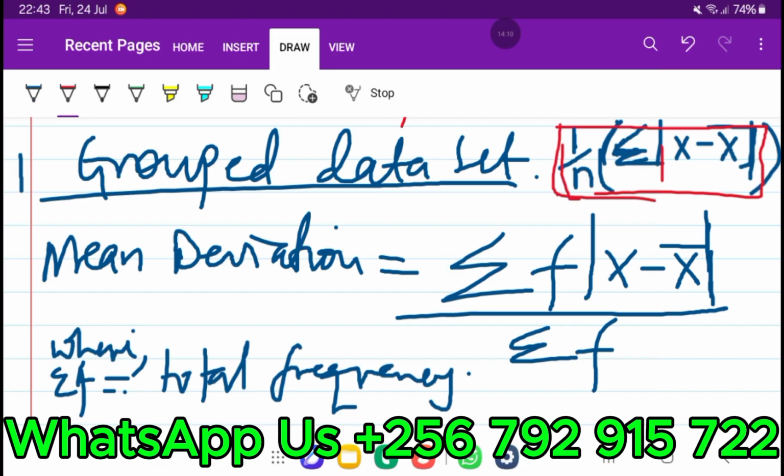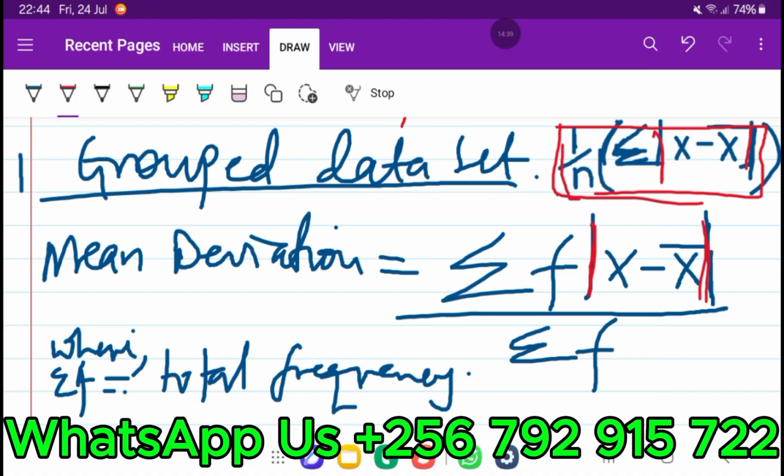So the ungrouped here are supposed to be absolute values. In other words, we ignore the negative signs.